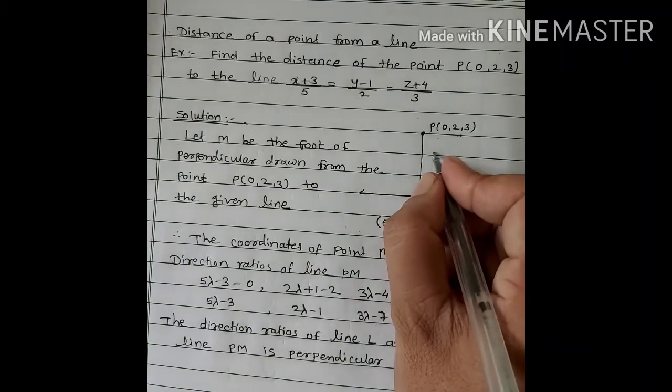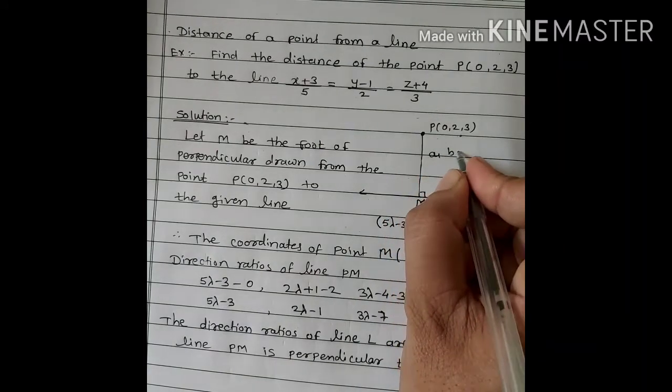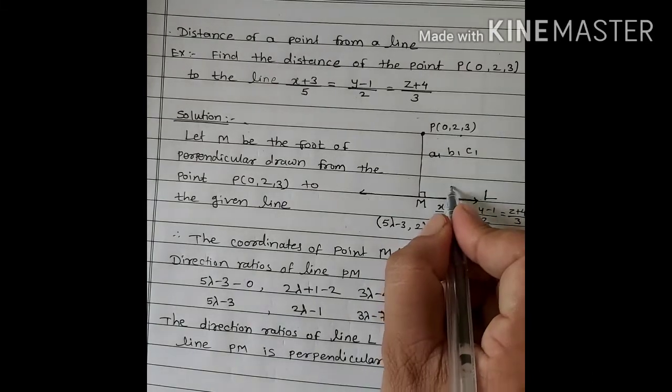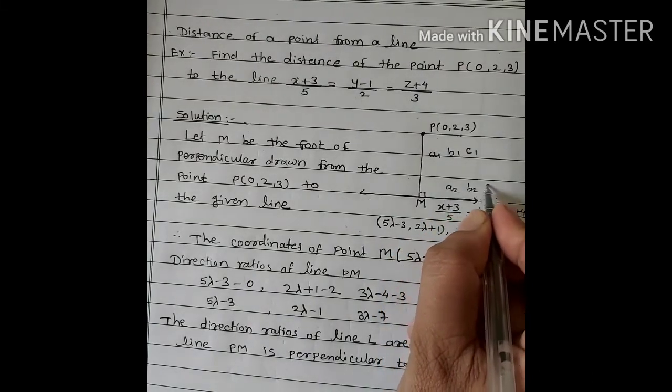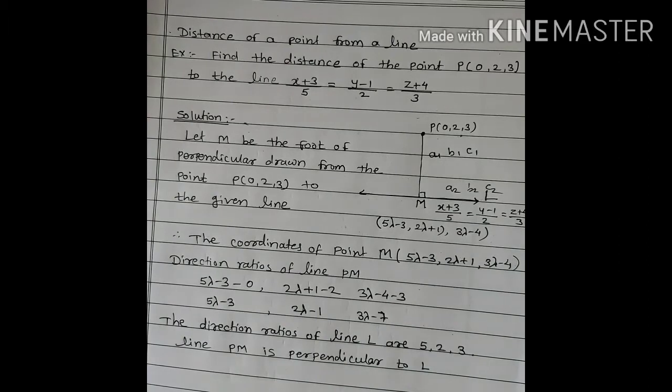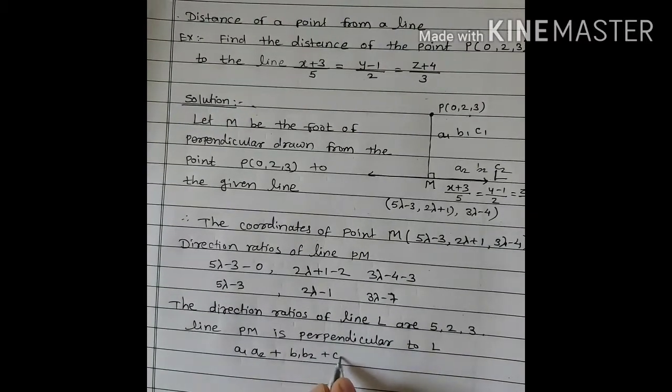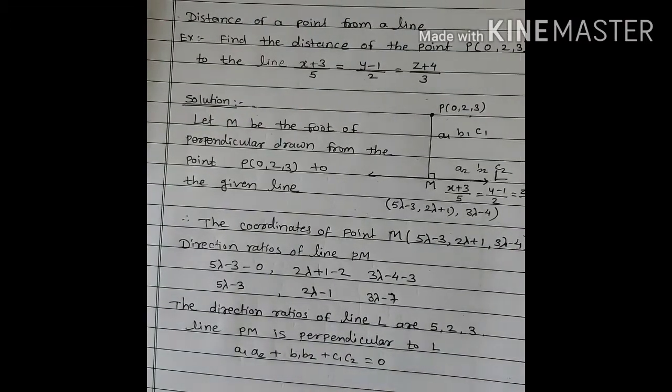Line PM we consider direction ratios as A1, B1, C1, and line L direction ratios A2, B2, C2. Lines are perpendicular. Relation in terms of direction ratios is known, that is A1 A2 plus B1 B2 plus C1 C2 is equal to 0.